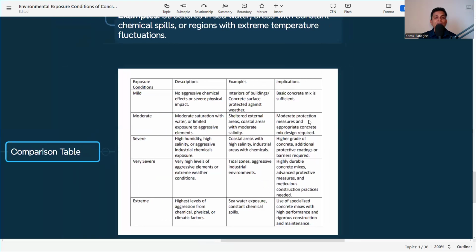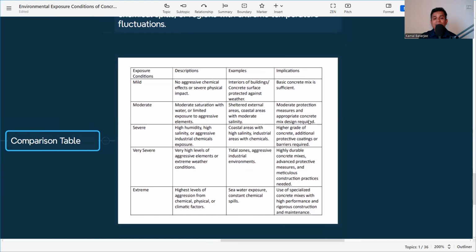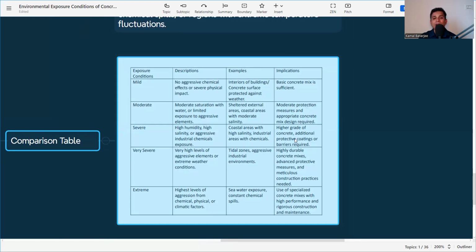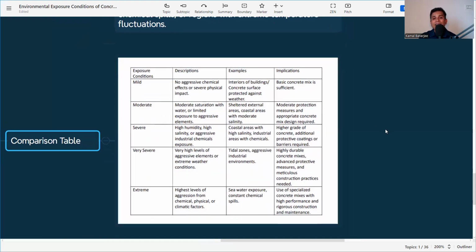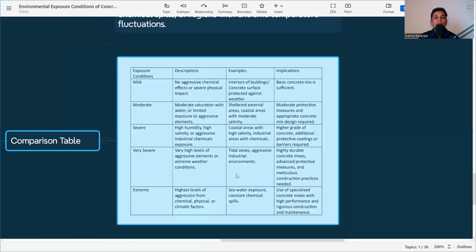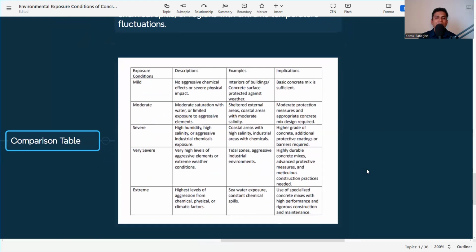And the severe condition is high humidity, high salinity, and or aggressive industrial chemical exposure. Examples are coastal areas with high salinity, industrial areas with chemicals. Then a higher grade of concrete, additional protective coatings or barriers are required. And the very severe is a very high level of aggressive elements or extreme weather condition; tidal zone and aggressive industrial environment are examples, and a highly durable concrete mix is required.